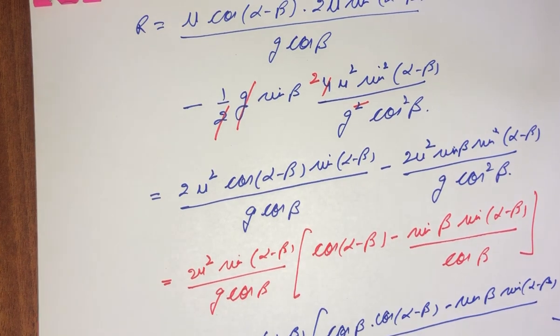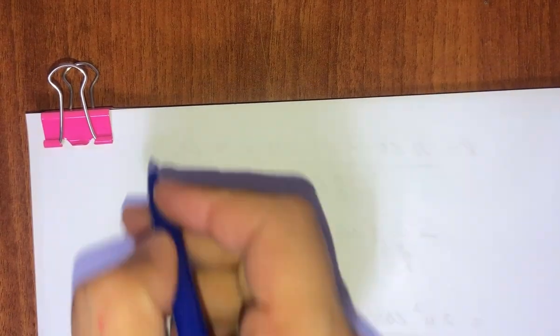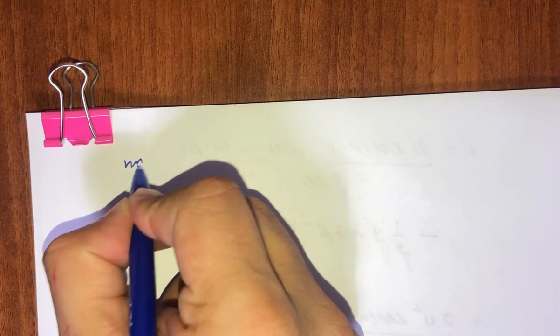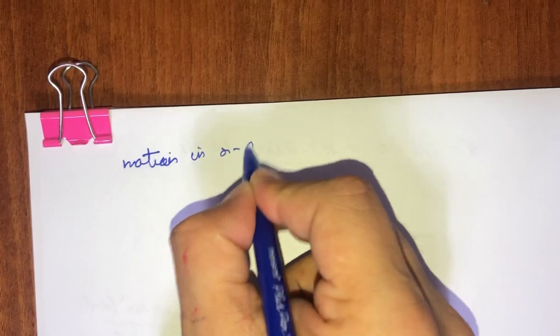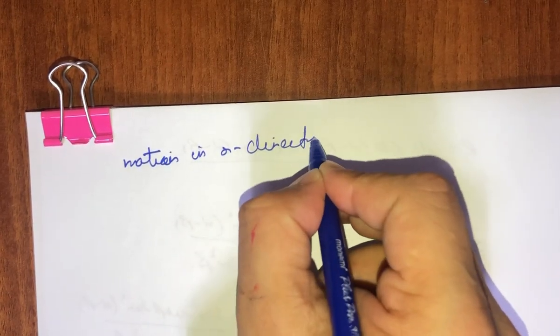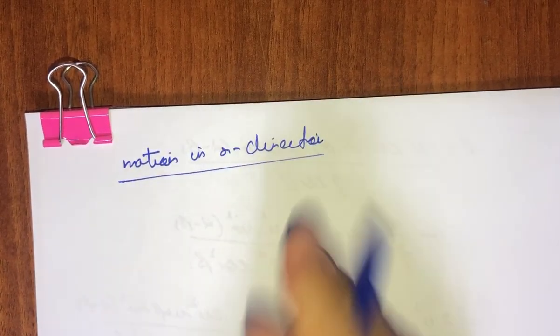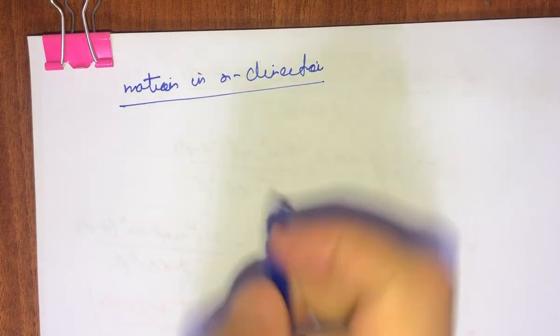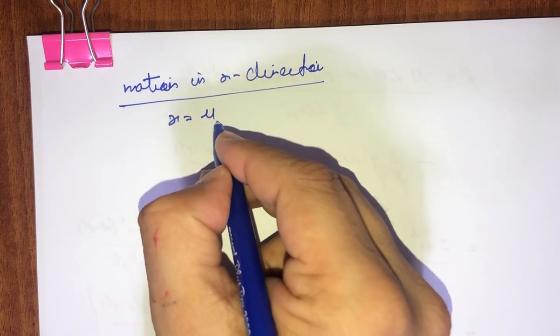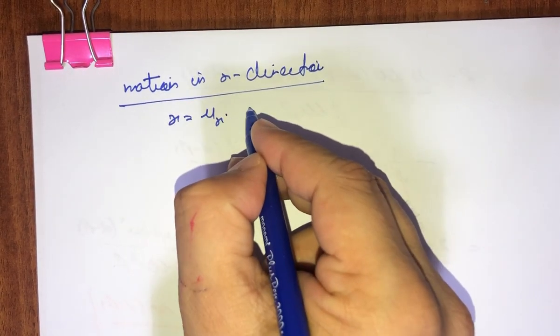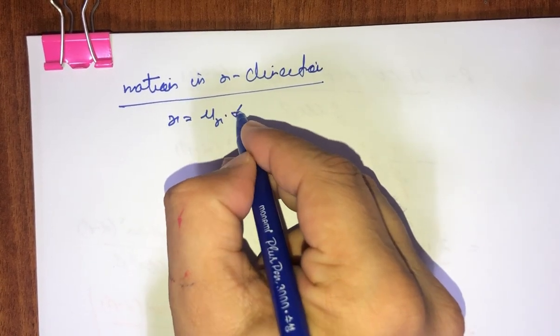So under this condition, motion in x direction, we can see that x will be equal to the horizontal component of the velocity into time t.